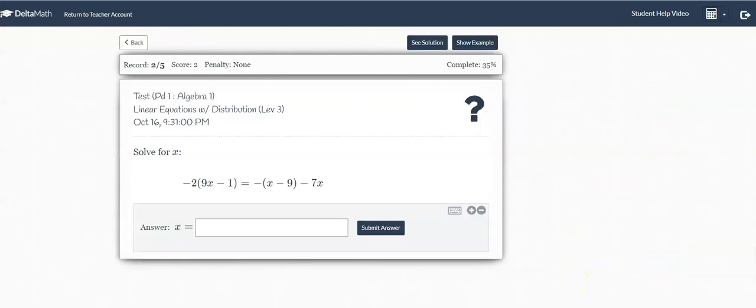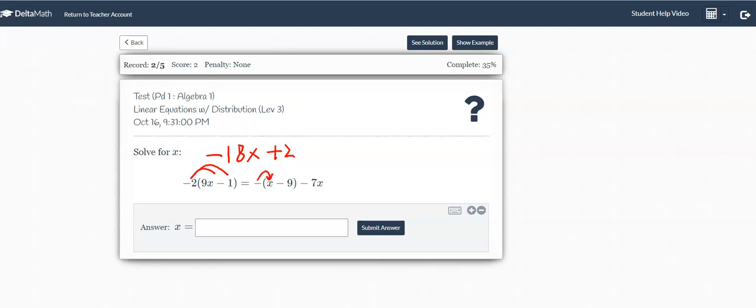All right, now be careful when you are distributing, because the number that touches the parentheses is what's being distributed, even if there isn't a number there. So if there isn't a number there, it's actually a 1. So when I multiply here, I'm going to get negative 18x, but then I'm going to get a positive 2.